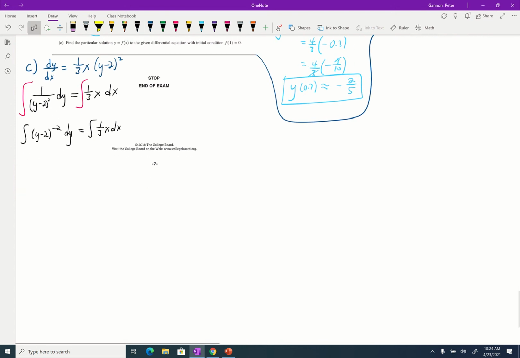And when you integrate this, if I use u substitution, I could let u equal y minus 2. So du is dy, right? And that's all we get there. So there's not a whole lot to that u substitution. If you recognize that, you could replace it with u, but then you're just going to put y minus 2 back in place of u.